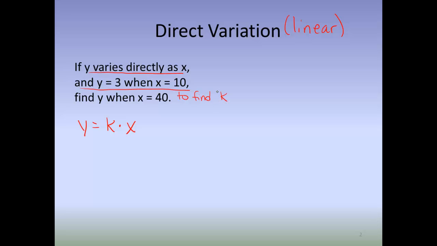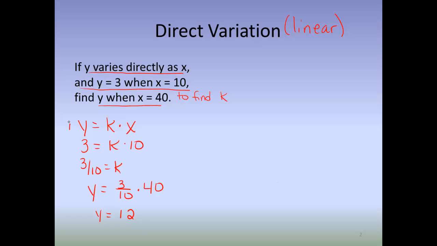That k is called a constant, and you're going to plug in the 3 and the 10 to find your k value. Once you do that, then you can go down to the third line and find y when x equals 40. So y equals 3 over 10 times 40, and you do the arithmetic, and that's 12.